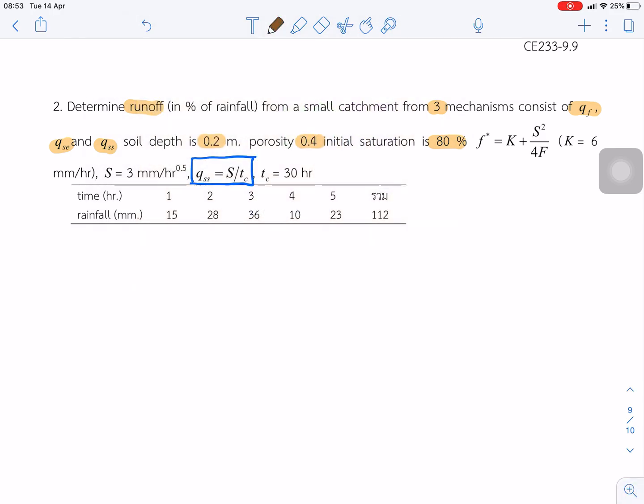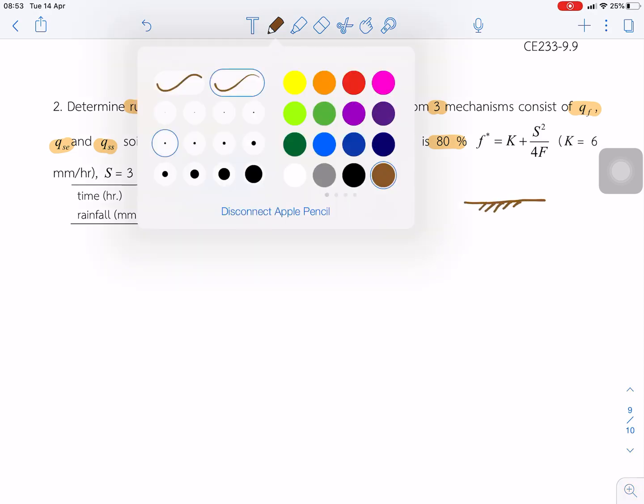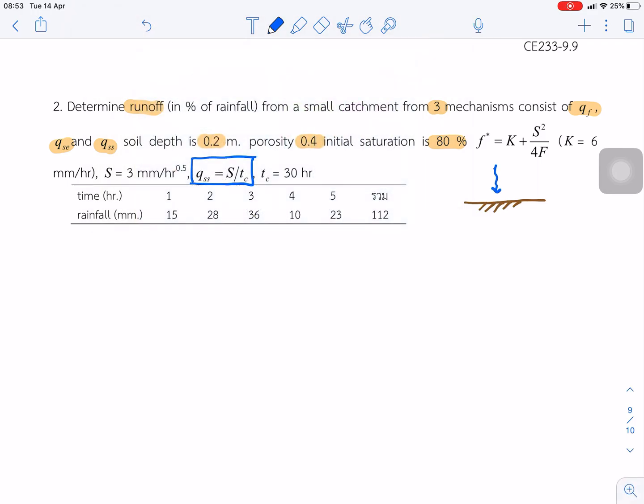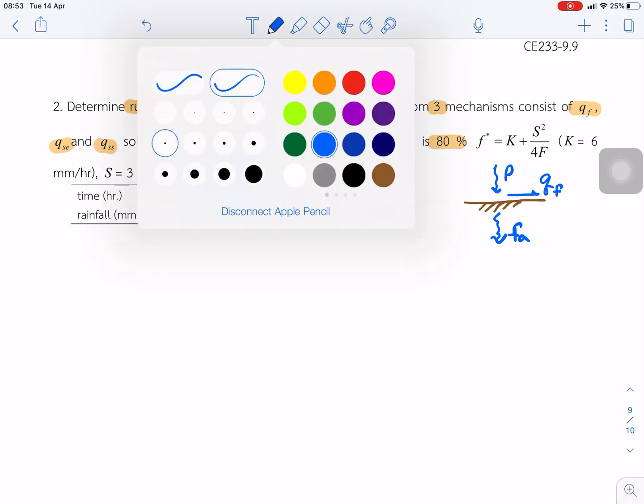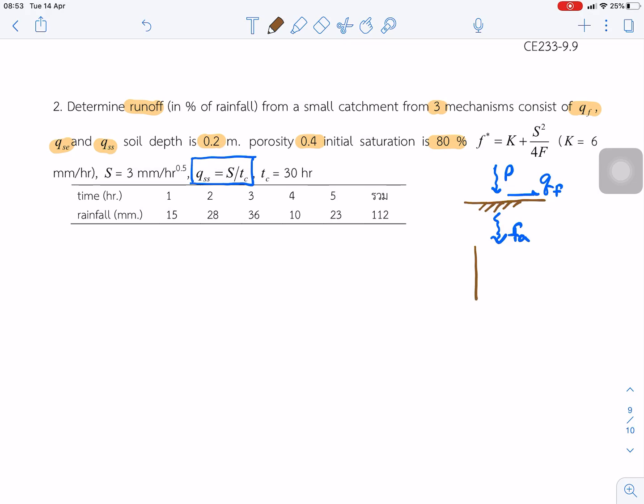The first is the surface process: rainfall comes, and there is infiltration FA into the soil, and on top there may be QF. In the soil we can imagine there is a storage that can store water.